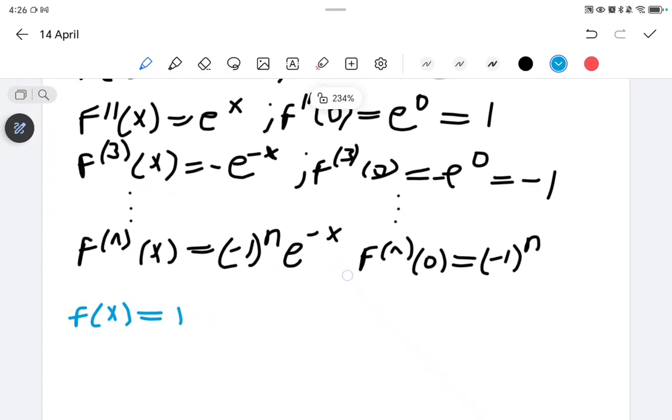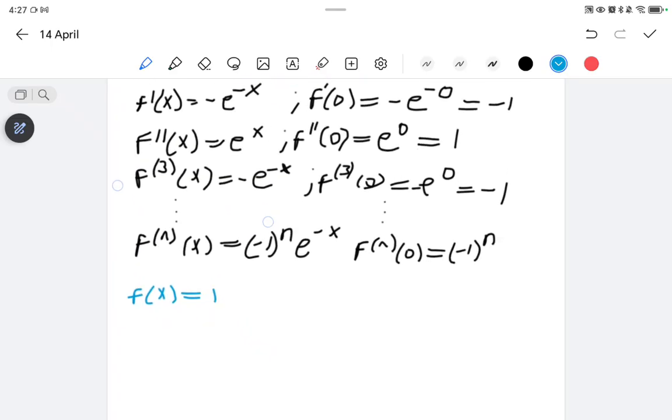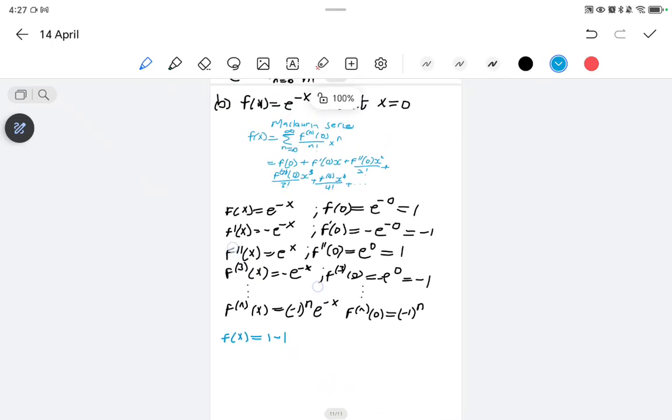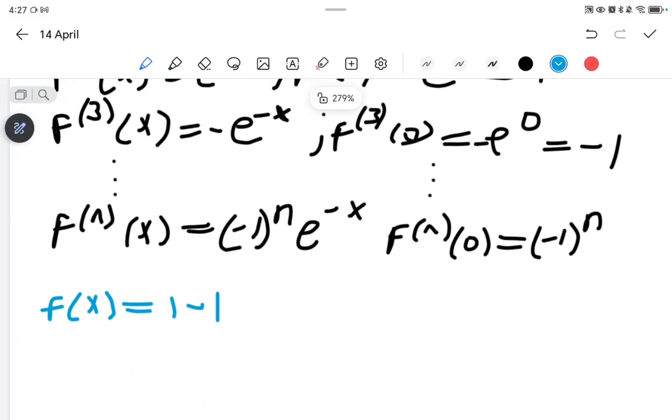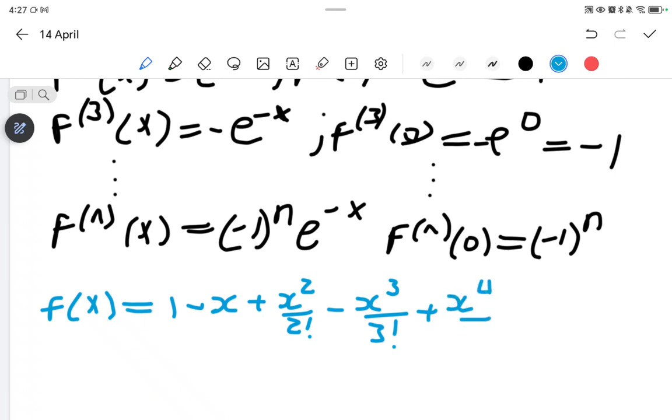Then f prime of 0 is minus 1 times x, so it's minus x, plus x squared over 2 factorial, minus x cubed over 3 factorial, plus x to the 4 over 4 factorial, up until, you see, right? So this would occur like this up until the end.